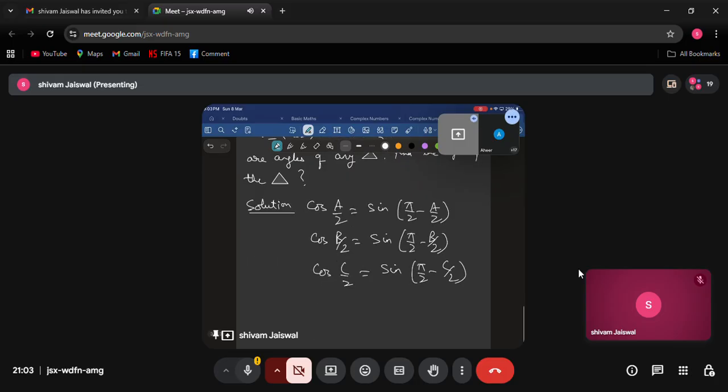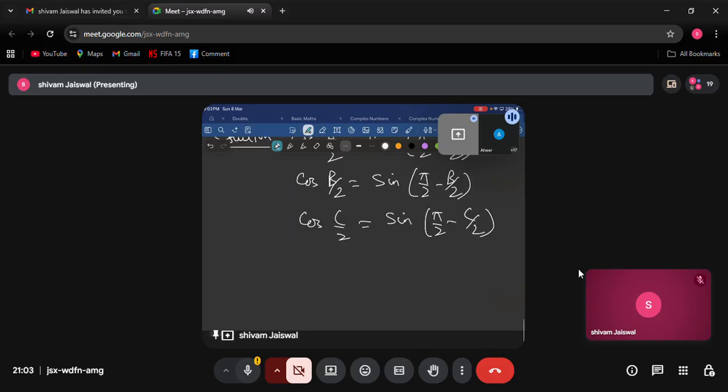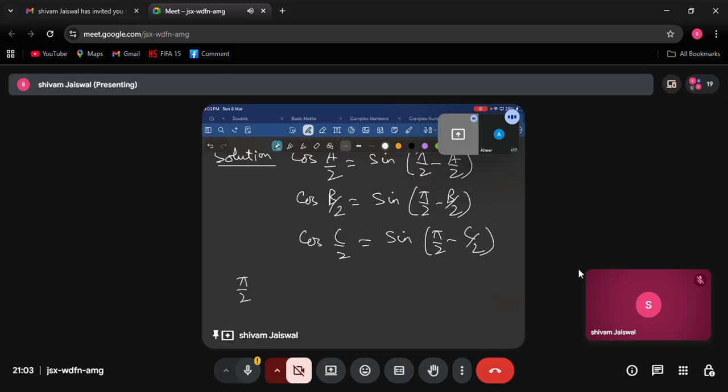Actually, the answer will come in terms of A, B, and C. Now we just need to check whether these angles sum up to 180 degrees or not. So pi by 2 minus A by 2, plus pi by 2 minus B by 2, plus pi by 2 minus C by 2 will come as 3 pi by 2 minus (A plus B plus C) by 2.